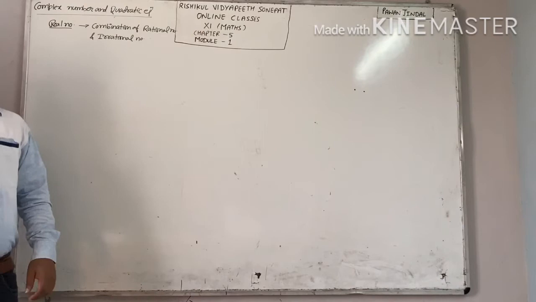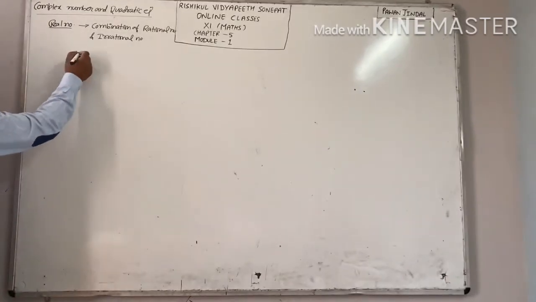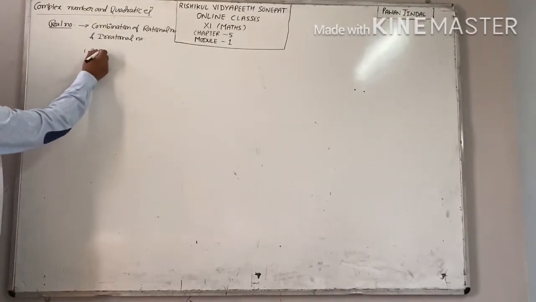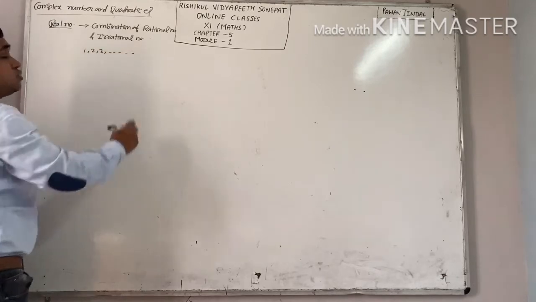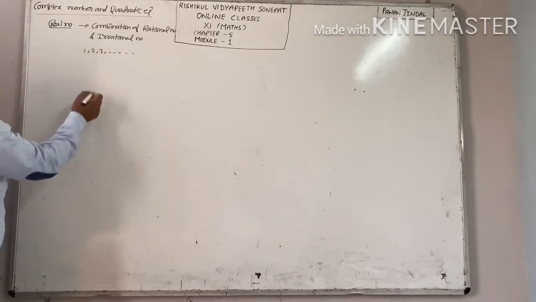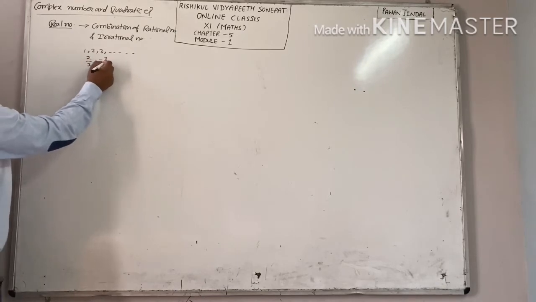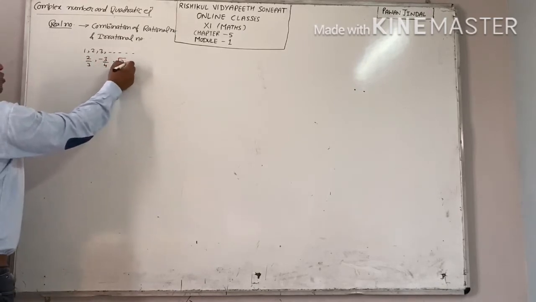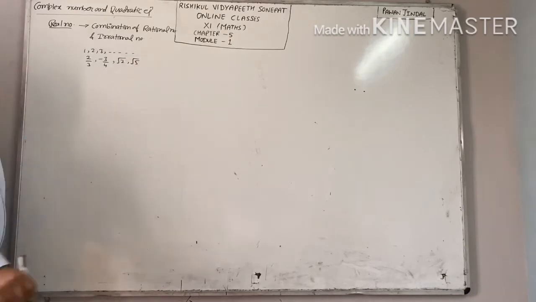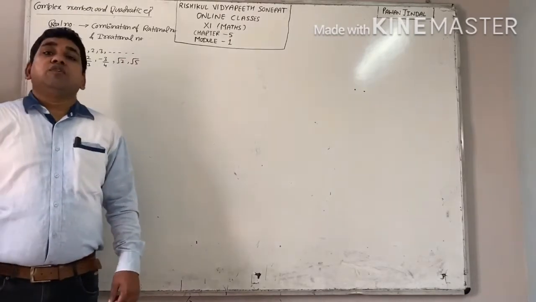That is called your real number. Examples you can take 1, 2, 3. All these are your examples of real number. Many more examples you can take: 2 by 3, minus 3 by 4, root 2, root 5. All these are your examples of real number.